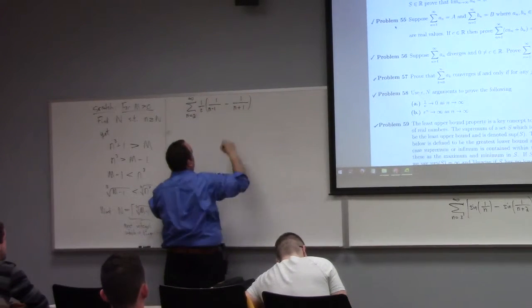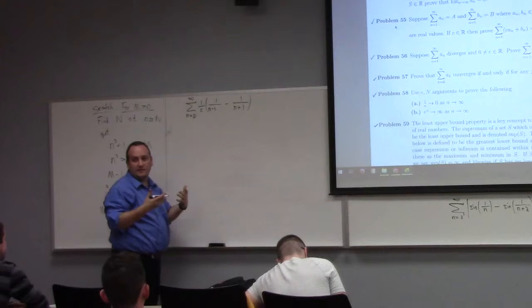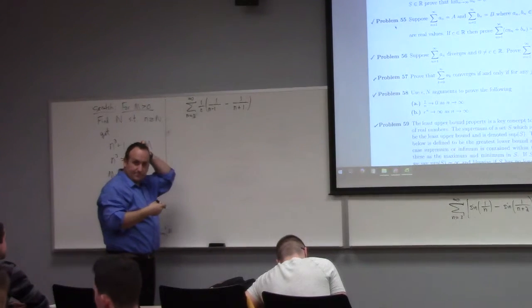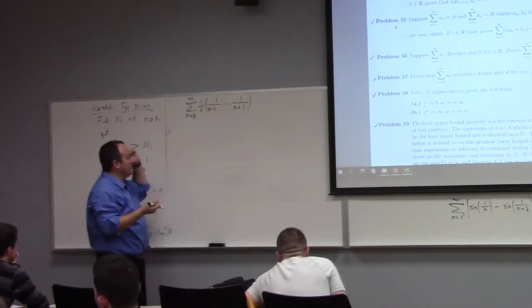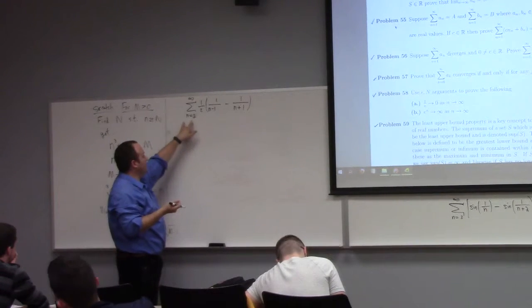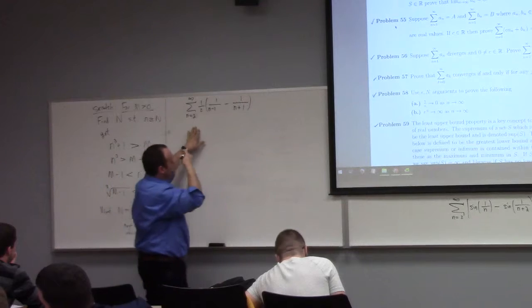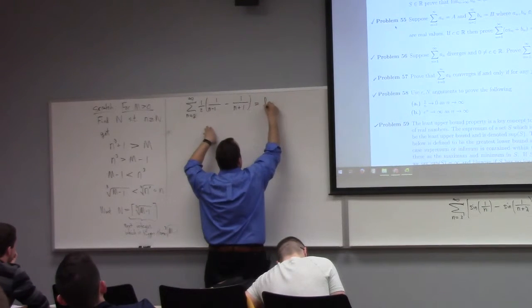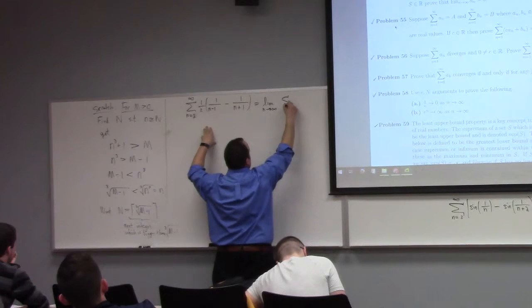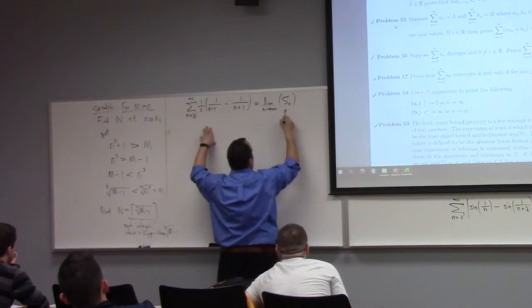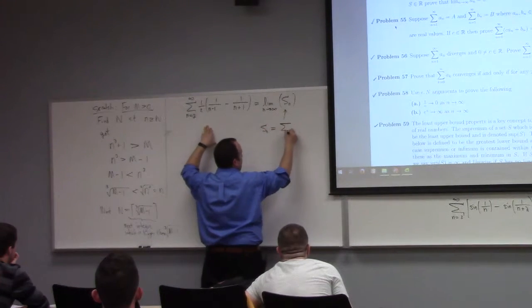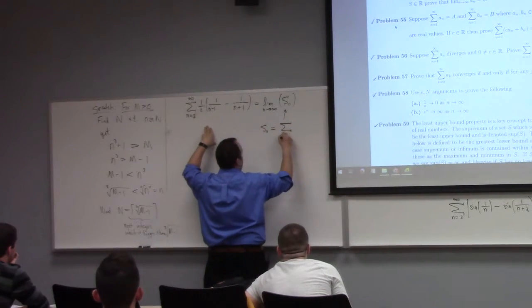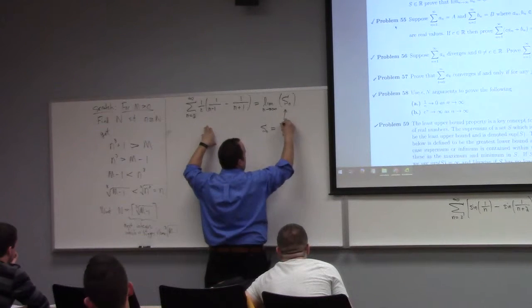Now, in Paul's online notes, he uses i as an index for the finite sum. One of the traps here, notationally, is that you really want to use a different letter, because this is, by definition, the limit as n goes to infinity of s sub n. What is s sub n? s sub n is the nth partial sum. So the notation that Paul's online notes uses in the problem you're showing me is this.